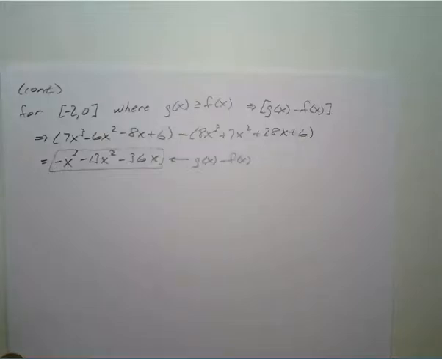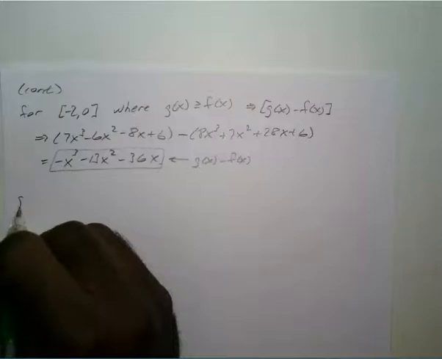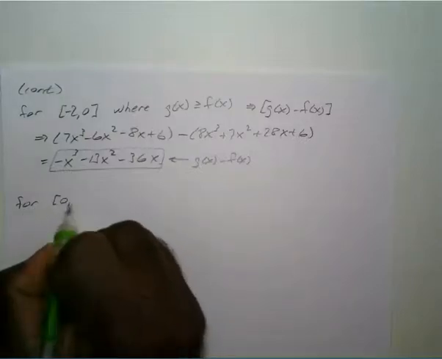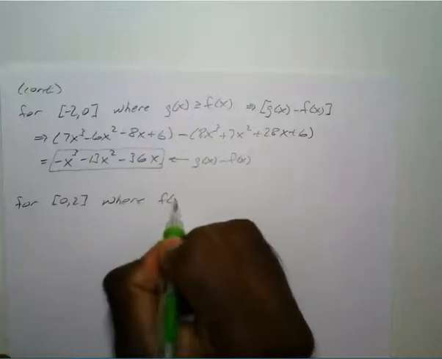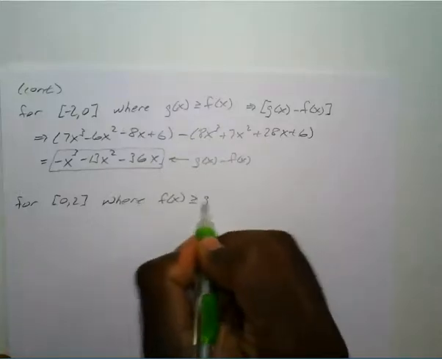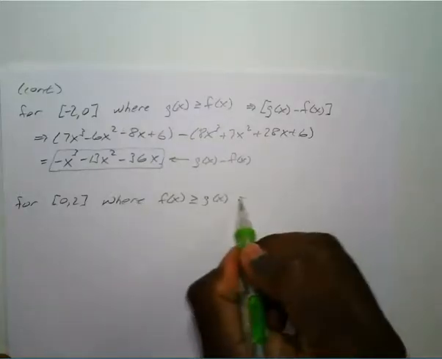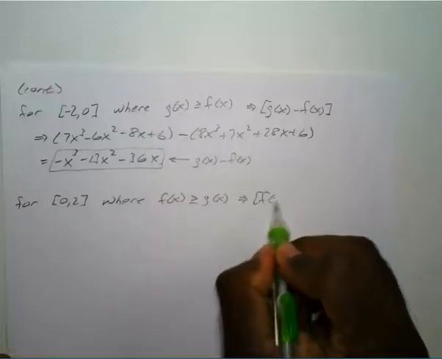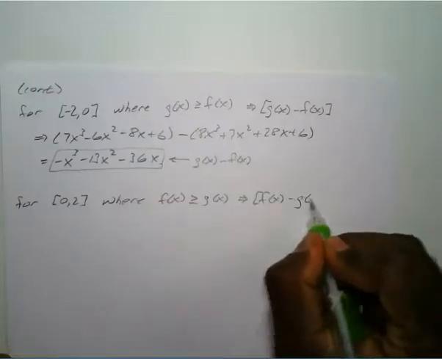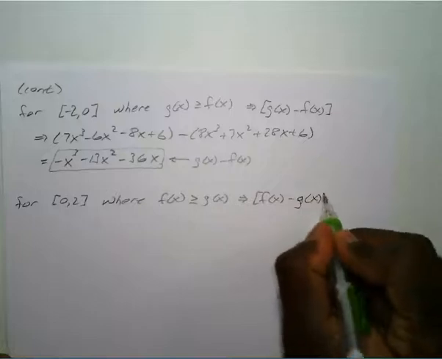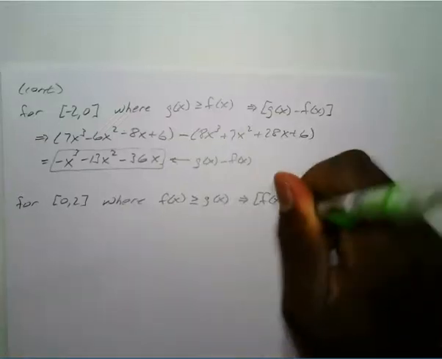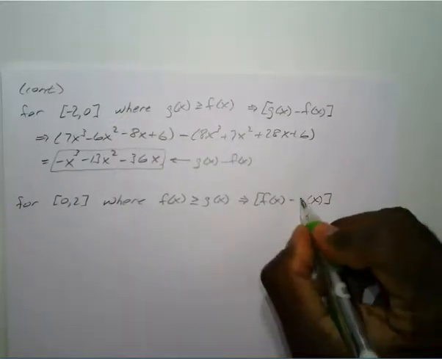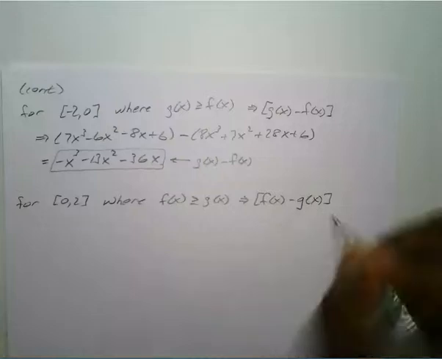All right, now for the interval from 0 to 2, where f of x is greater than or equal to g of x, we know we have to have f of x minus g of x. Let me clean up that g. There we go.